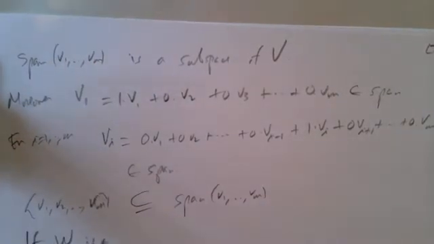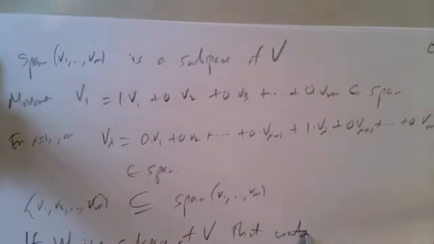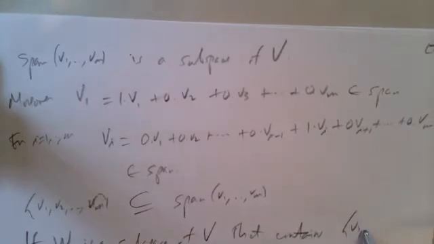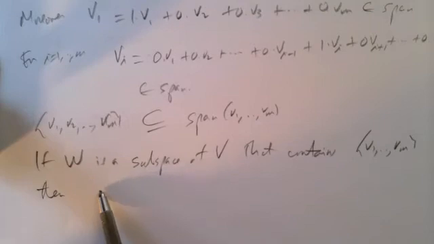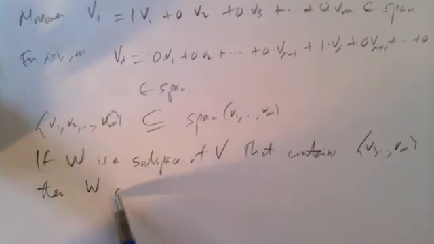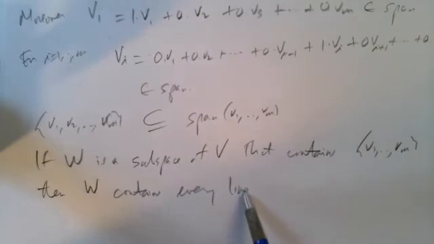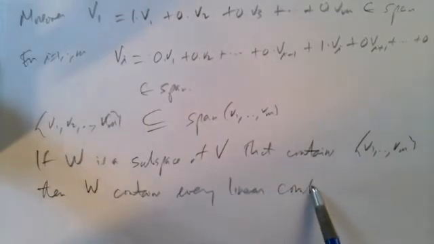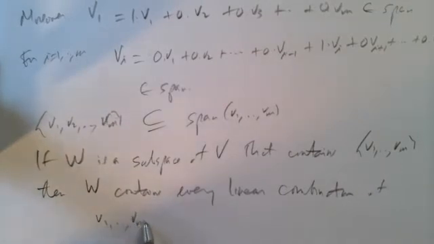If W is a subspace of V that contains V1 up to Vm, then because W is closed under vector addition and scalar multiplication, W contains every linear combination of V1 up to Vm.